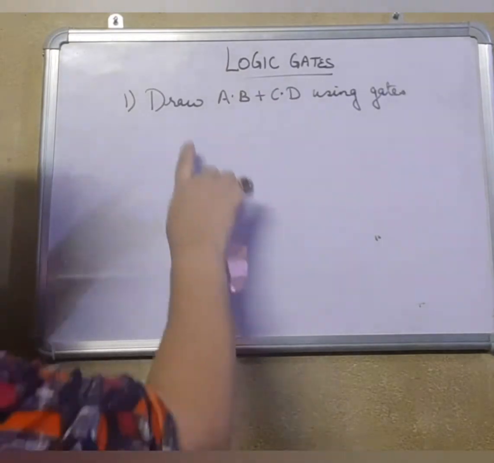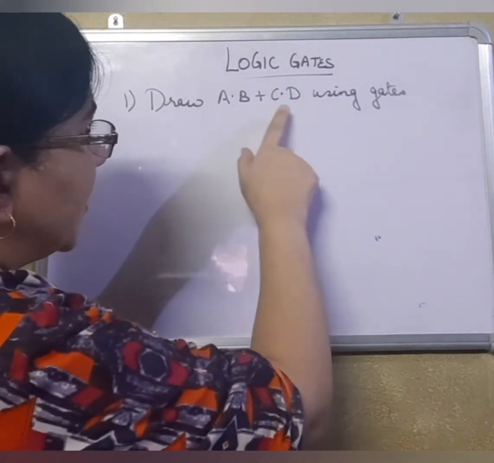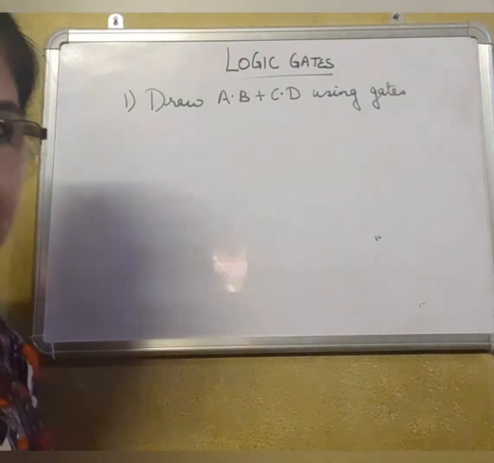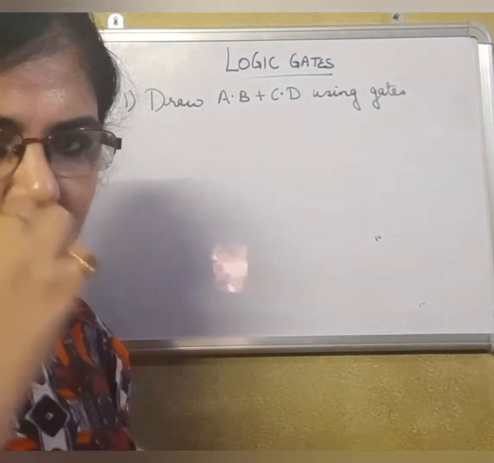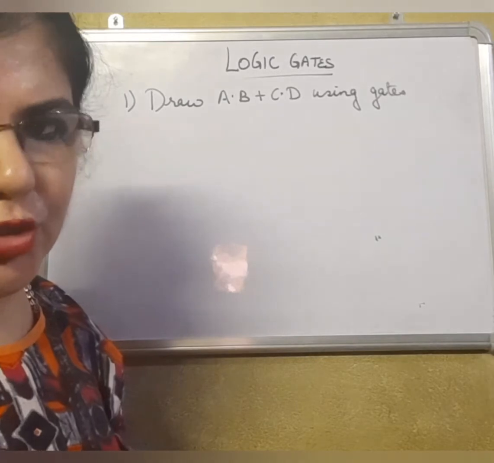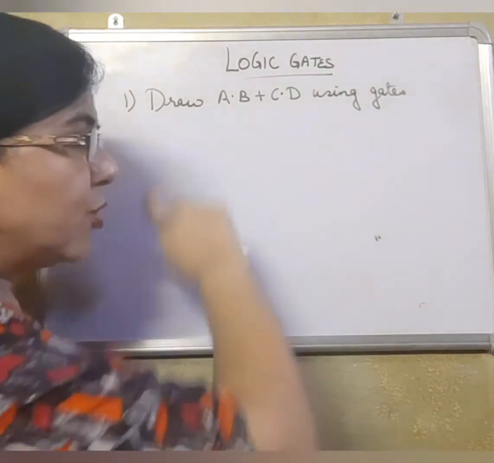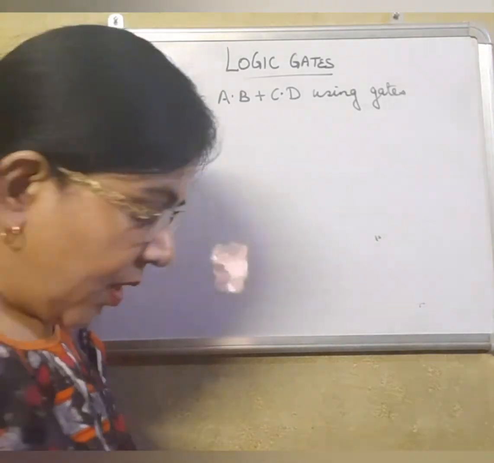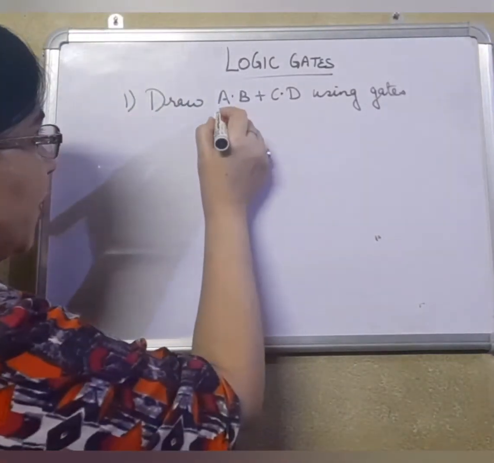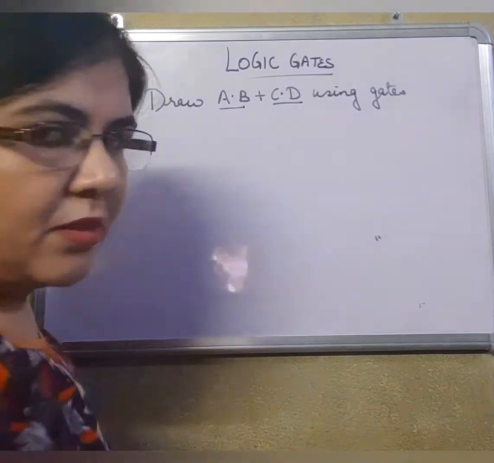So if we get this question, draw A dot B plus C dot D using gates. These 3 basic gates that we have learned, we have to apply them on this question. Dot, as I told you, is a symbol for AND gate, plus is a symbol for OR gate. So we will consider A dot B together, C dot D together.